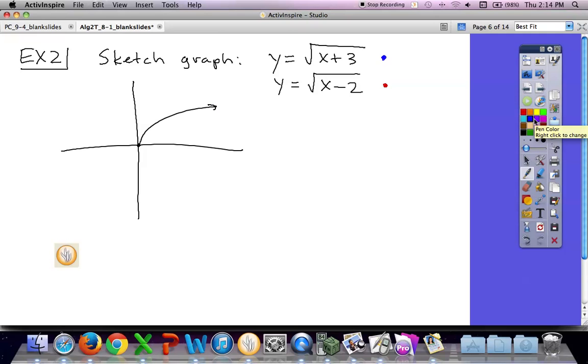Because I added 3 inside. Left 3. Plus means left. Okay, and how about the second one? Yeah, minus 2 inside means right 2.